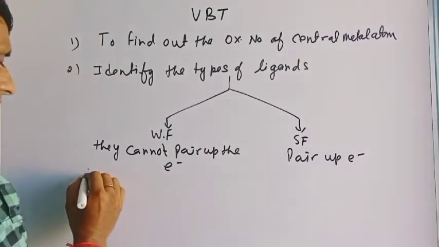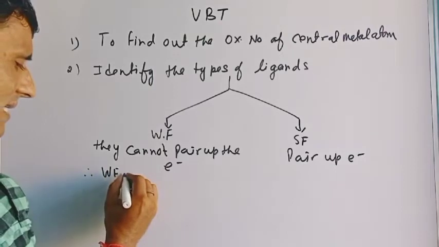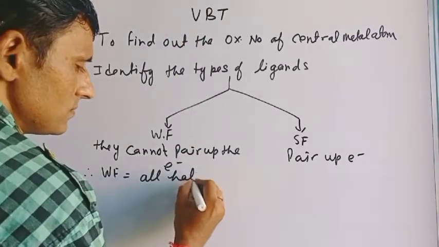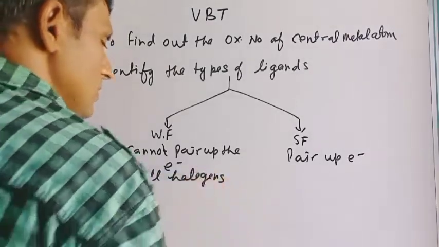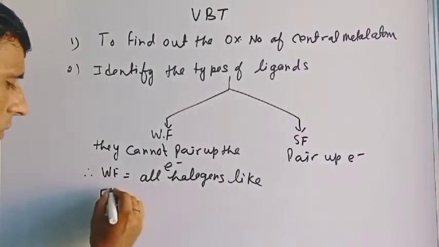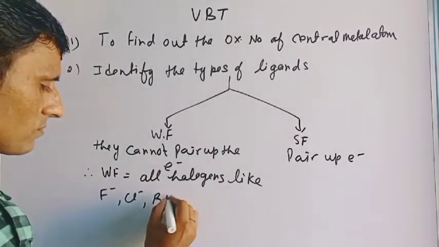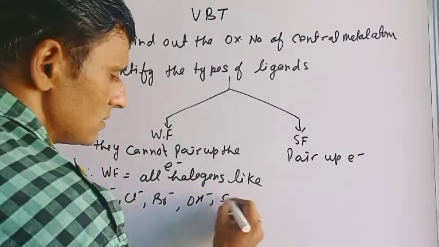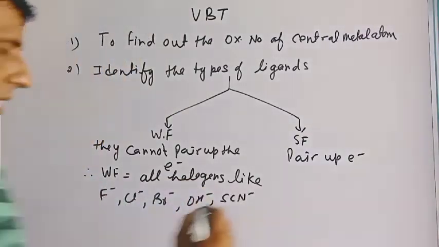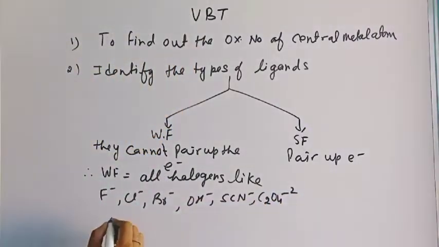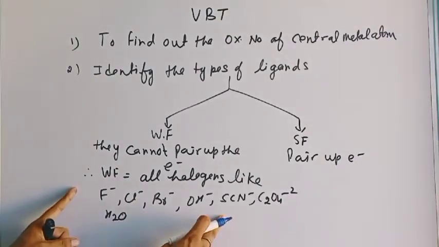So we know that weak field ligands are all the halogens like fluoro, chloro, bromo, hydroxo, CN minus, oxalate C2O4 2 minus and water molecule H2O. These are the list of weak field ligands.